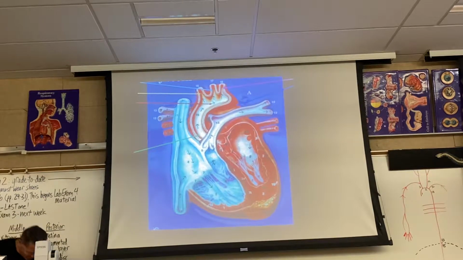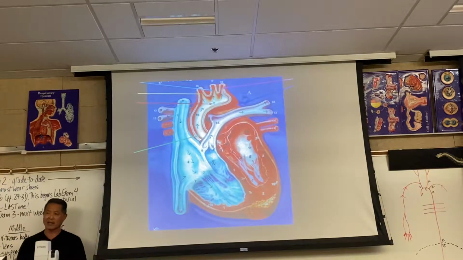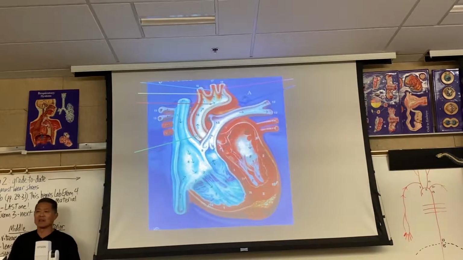Just learn it in order, and you won't get it mixed up. Brachiocephalic trunk, left common carotid artery, left subclavian artery. That would be 3, 4L, and 7L.